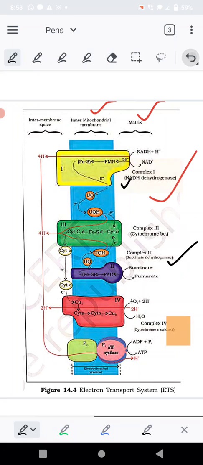Now let us discuss how the electron transport system works.